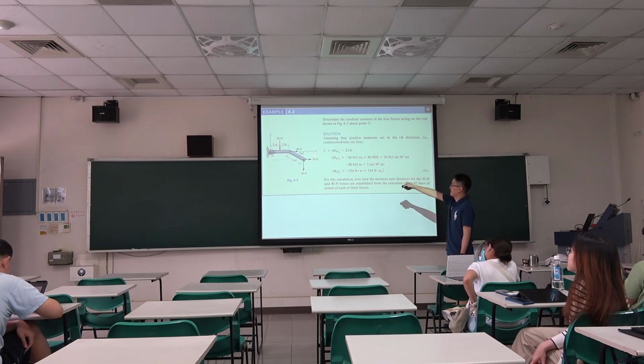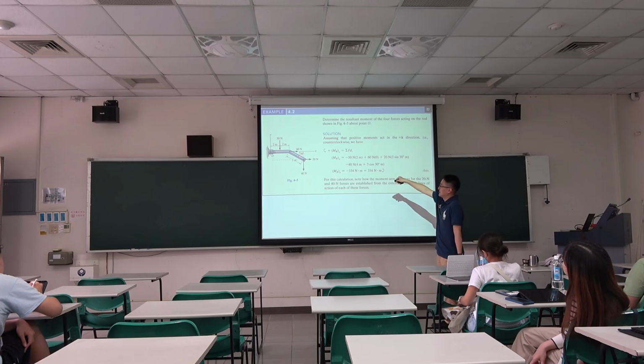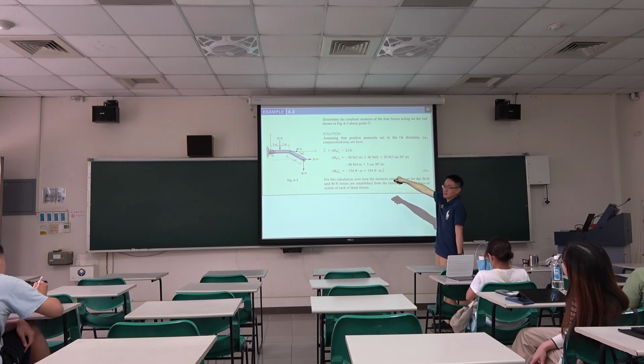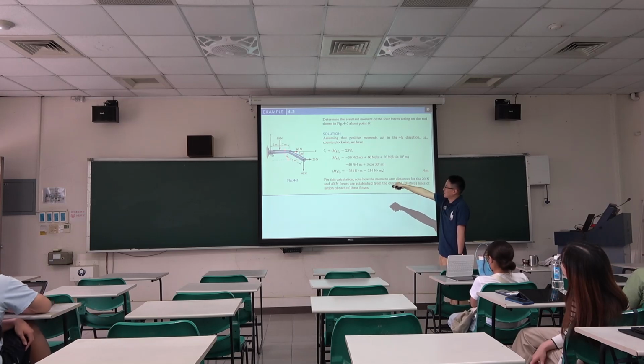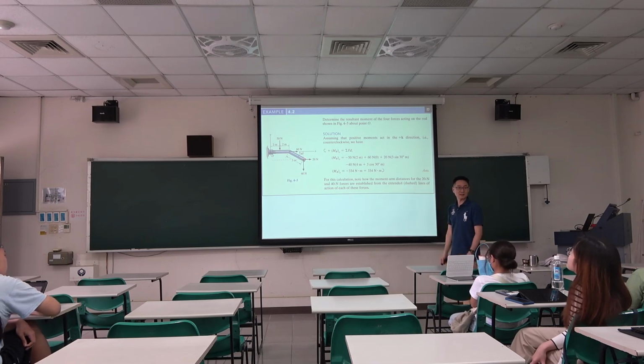Next force. I look at 20 first. For 20, the level arm is this distance. We know this part is 3 meters, and we know the angle is here. We want to know this distance, so that's 3 sine 30 degrees. For this loading condition, 20 Newton, clockwise or counterclockwise?